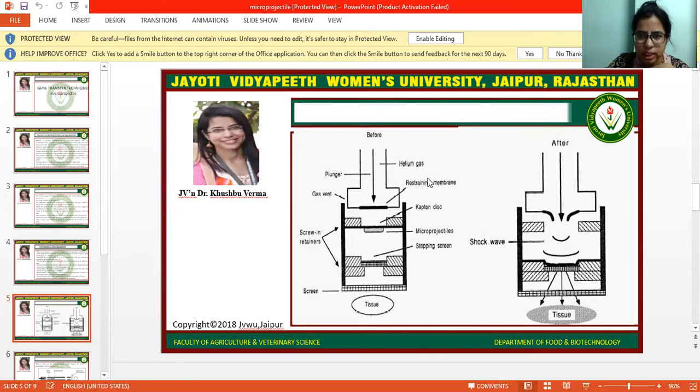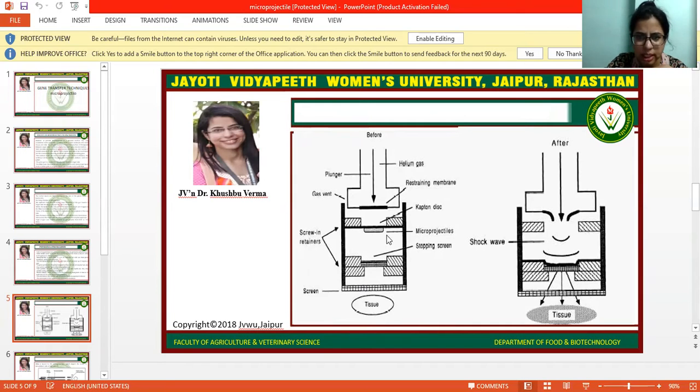Below the restraining membrane there is a Kapton disc, and just under the Kapton disc there is a microprojectile, and there are two screw-in retainers, and at the lowest screw-in retainer one stopping screen is also present, and at the last there is a screen which covers the plant tissue or animal tissue, whatever you are using.